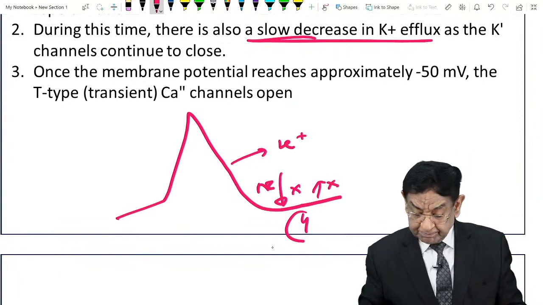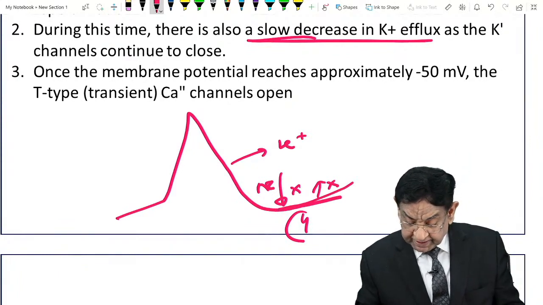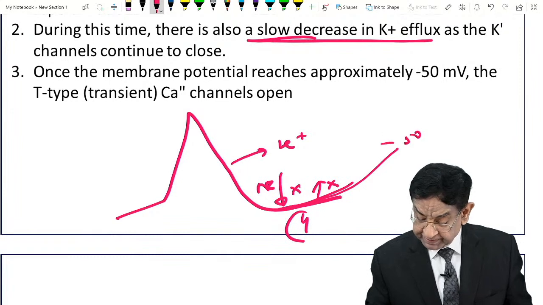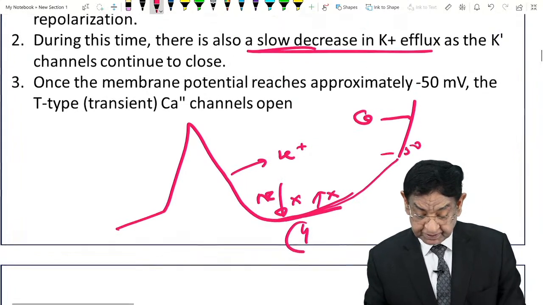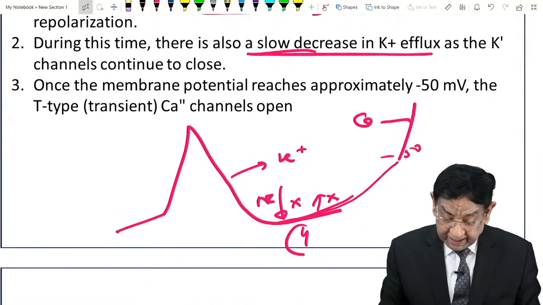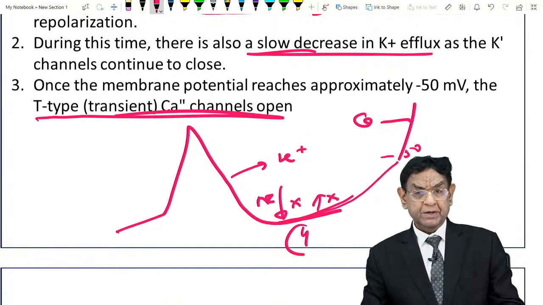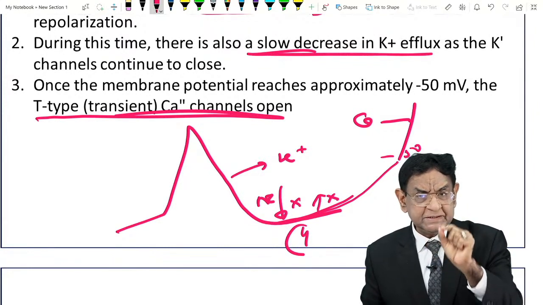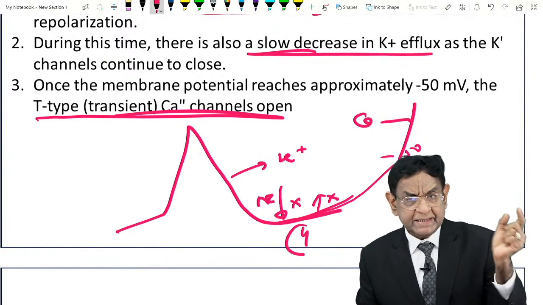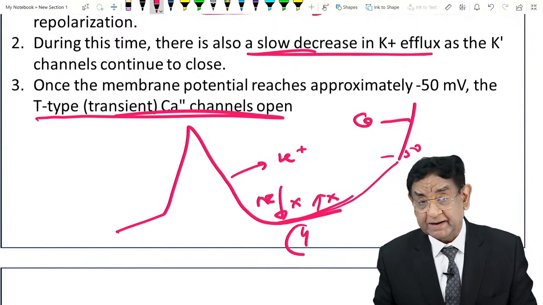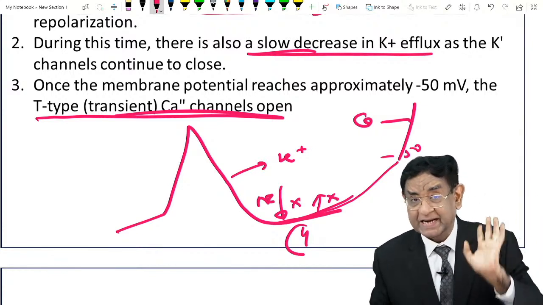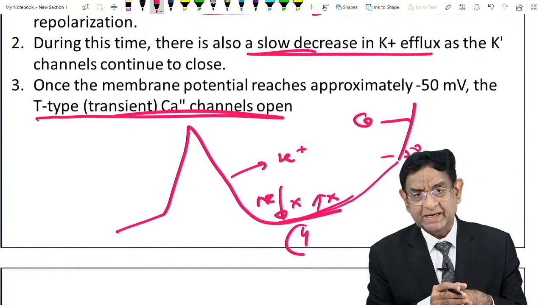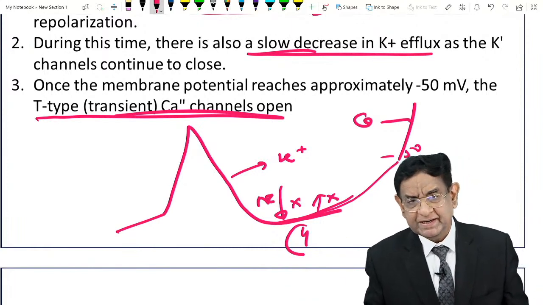That means more and more positive particles are coming in, and once it reaches minus 50, then calcium starts coming in. This is by T-type calcium channels opening. Very important point: in the SA node, the calcium channels that open are T-type. Remember, in normal cardiac tissue it was L-type. These are the places where students get stuck, and they have a lot of relevance when we use antiarrhythmic drugs.